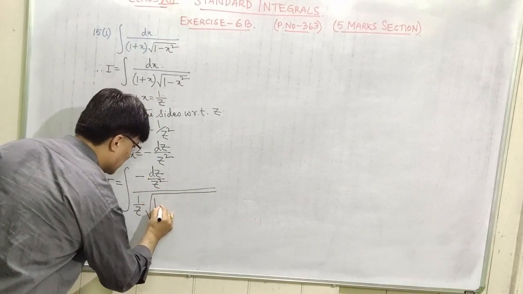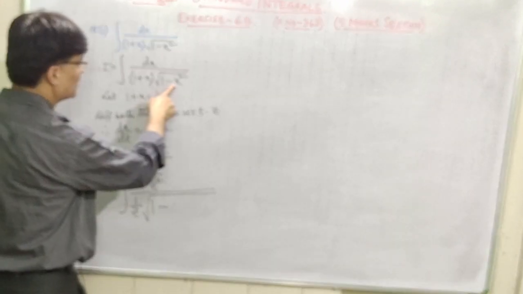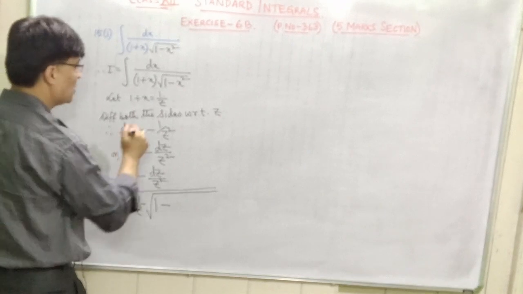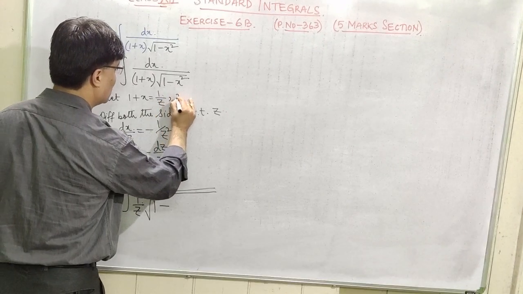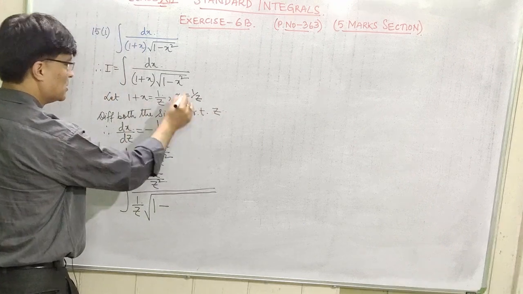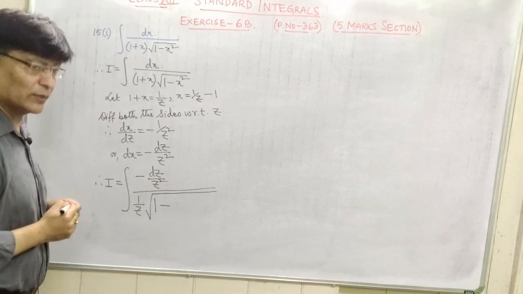Let us write 1 minus, but we have got x square here. So you have to get the value for x from here. What is the value for x? x is equal to 1 upon z, this 1 is taken to the right hand side, so it becomes minus 1. Okay.